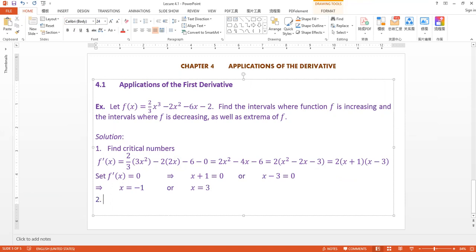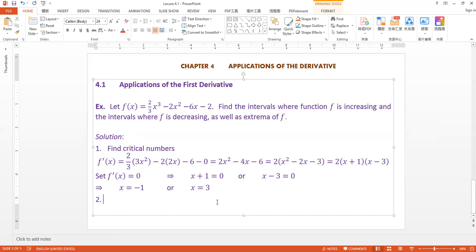The second step is to use those two critical numbers to separate the whole domain of the function into a few intervals. By the way, since the derivative exists for all real numbers, we don't have any numbers where the derivative does not exist. So that means -1 and 3 are the only critical numbers.